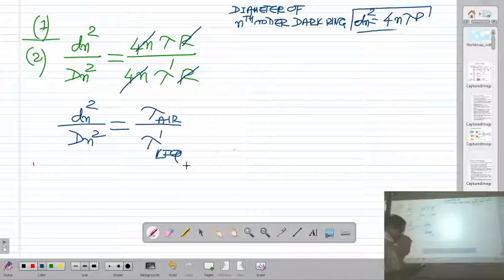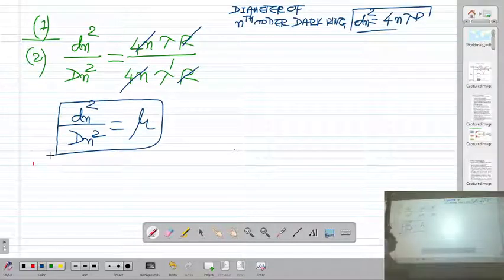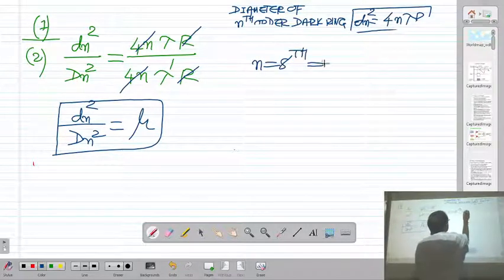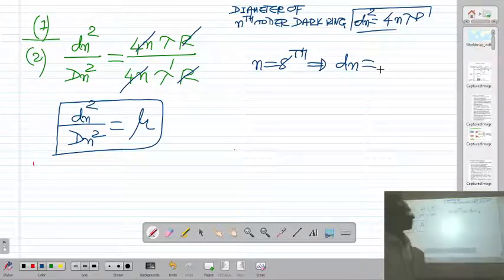You know very well that the wavelength of light in air upon the wavelength of light in liquid is the refractive index of the liquid, mu. Using this formula, you can calculate the diameter of the 8th dark ring in the liquid. Small dn is the diameter of the 8th dark ring in air, which is given to you as 1 mm.